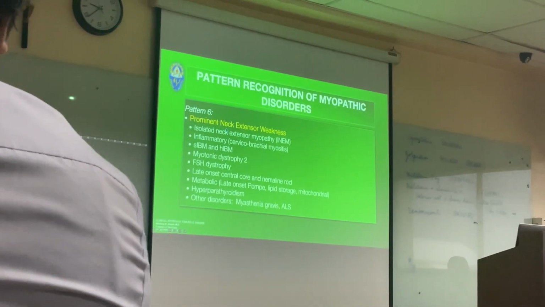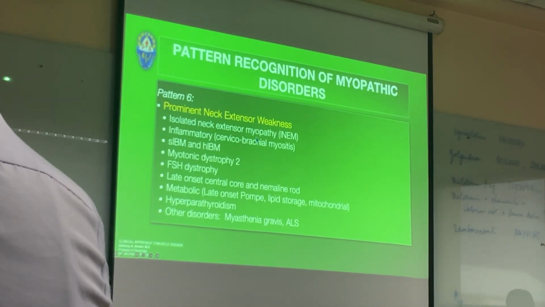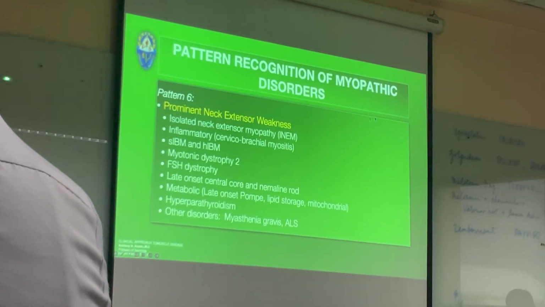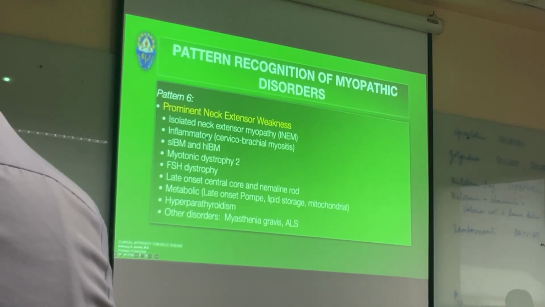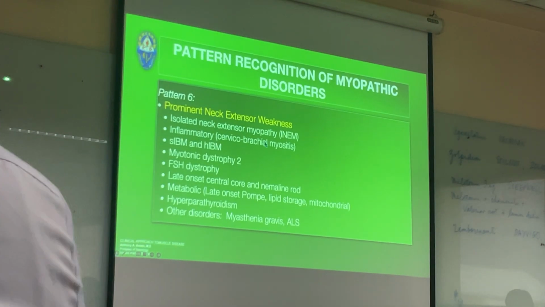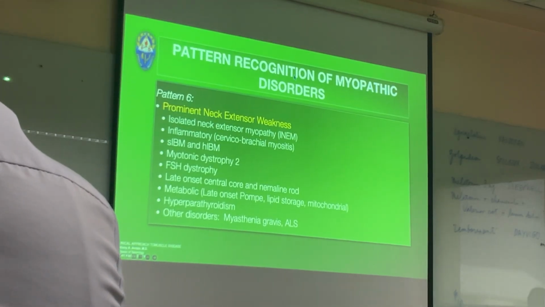Prominent neck extensor weakness. Isolated neck extensor myopathy. Obvious probably in the remembered question. So, inflammatory cervicobrachial myositis. Leave that one.